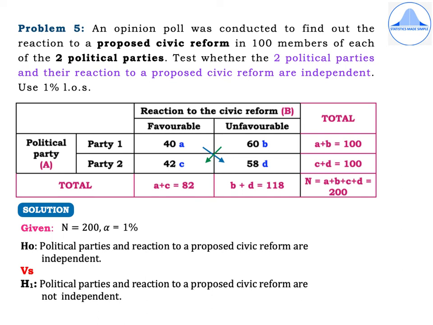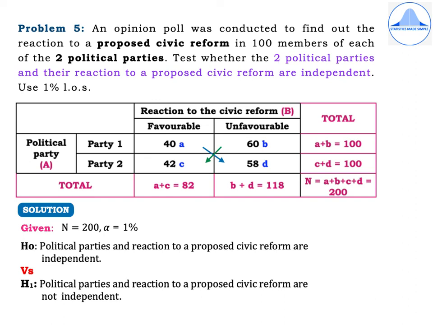Now the first step is to mark political party as attribute A and reaction to the civic reform as attribute B. Then mark the cell frequencies 40 as A, 60 as B, 42 as C and 58 as D, and then draw the cross arrows.